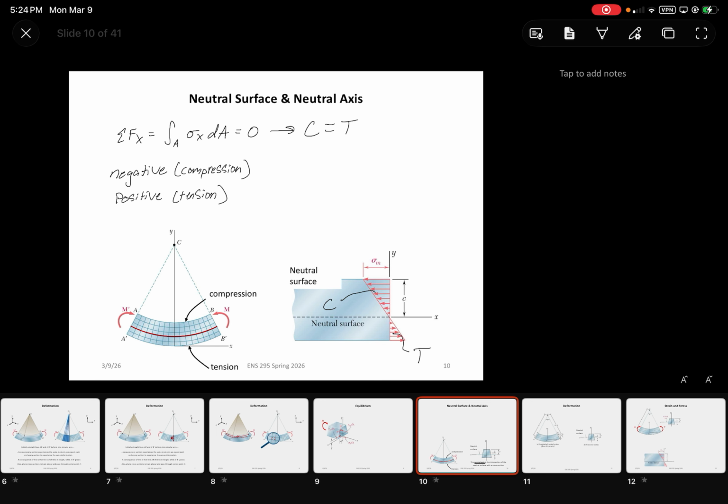Now, you might be wondering what that neutral surface is. The neutral surface is where there's technically no stress. We call this the neutral axis. You have maybe heard of this term. Have you heard of centroids for a cross-section?